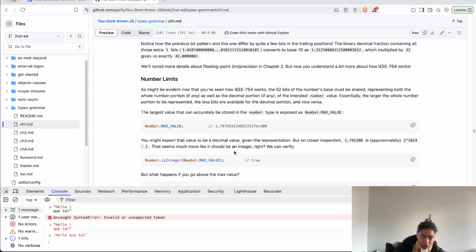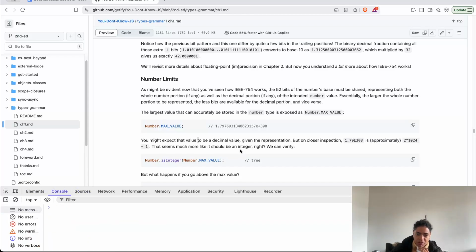But here in JavaScript, on the web, the max value is the largest value that can be accurately stored in the number type. Where does this value come from? That's a good question.